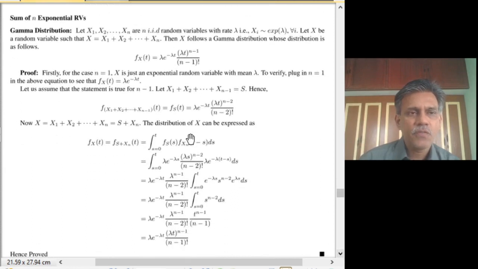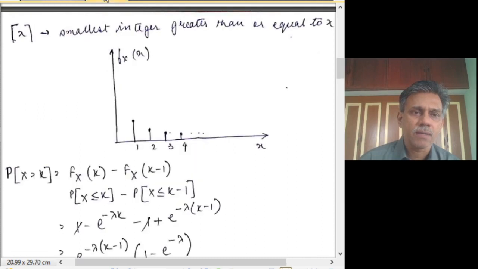Then before we get into the sum of exponential random variables and talk about a collection of random variables which are all identical or non-identical and so on, we will again draw an analogy, or the close connection, between the exponential random variable and the geometric random variable. We already saw that in the case of continuous valued random variables, it is only the exponential random variable which has the memoryless property.